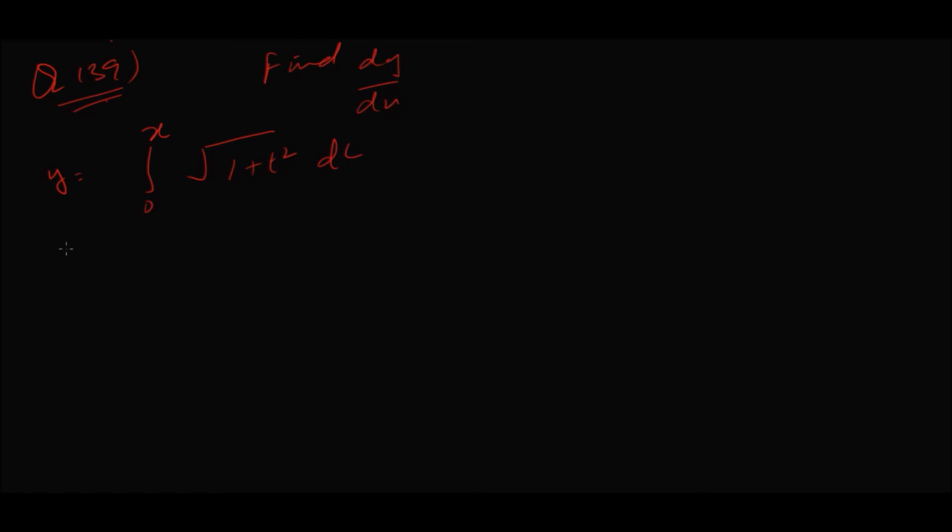So according to fundamental theorem part 1, the derivative of this integral, that is dy by dx, is equal to dy by dx of the integral from 0 to x of square root of 1 plus t square dt. And this is equal to, we'll just apply the fundamental theorem and the answer must be f of x; this is small f(t), so f of x, that is square root of 1 plus x square. This is the answer.